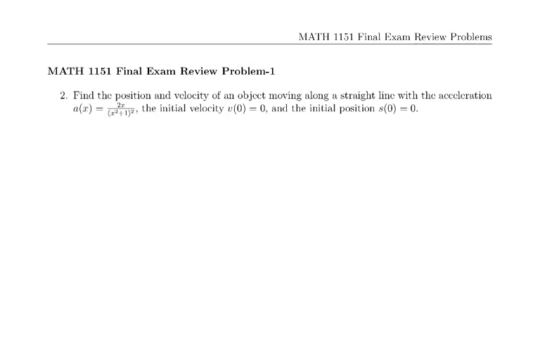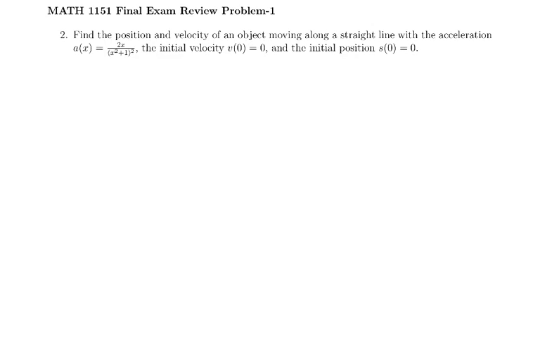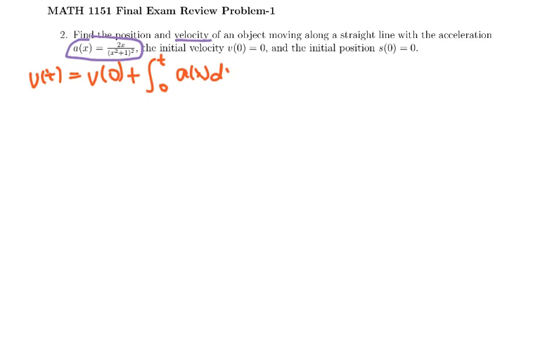Now we look at a somewhat complicated case, and here we have the acceleration function a(x) equal to 2x over (x squared plus 1) squared. We are going to first find the velocity function, v(t) equal to v0, the initial velocity, plus the integral from 0 to t of the acceleration function a(x) dx.